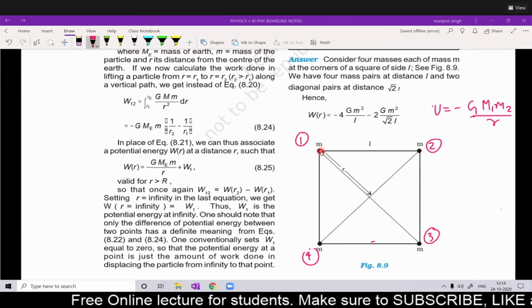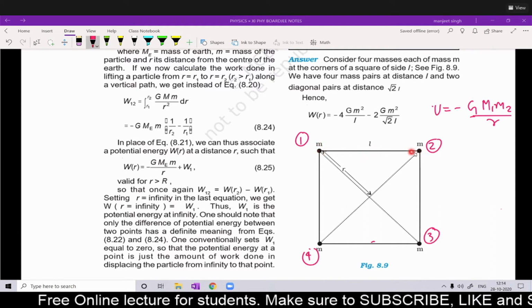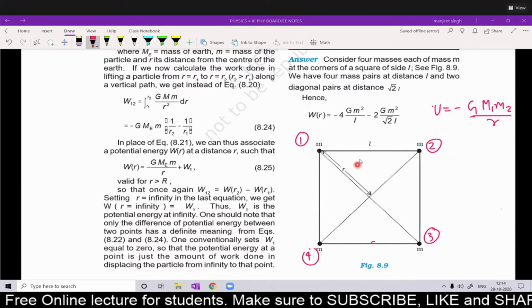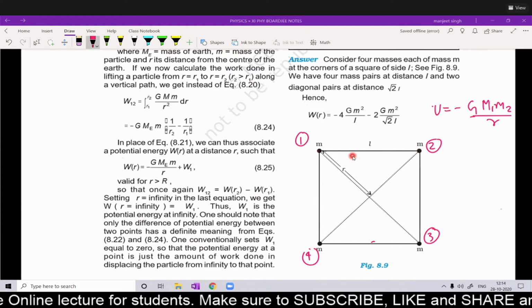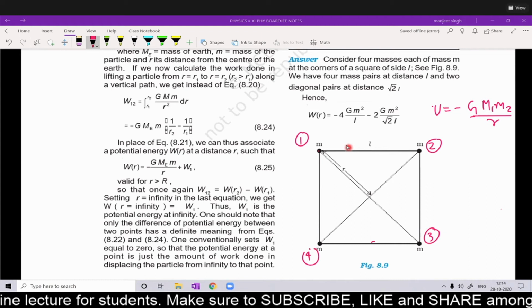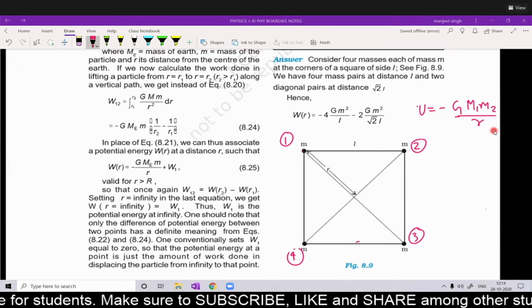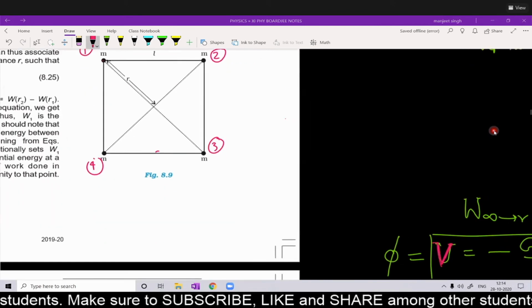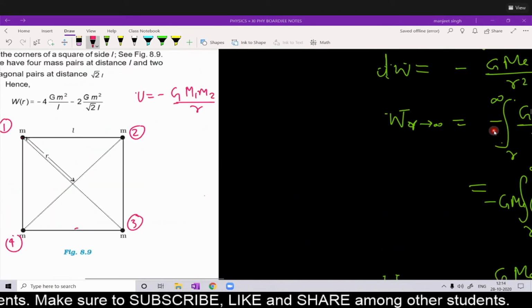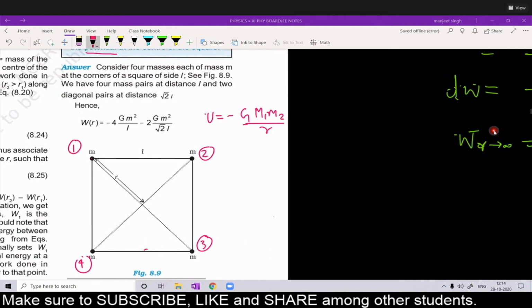So we will do pairing between 1 and 2. What is the potential energy of this pair? Potential energy of this pair is minus G. Let us do this question here; space is not there, so we will utilize it like this.